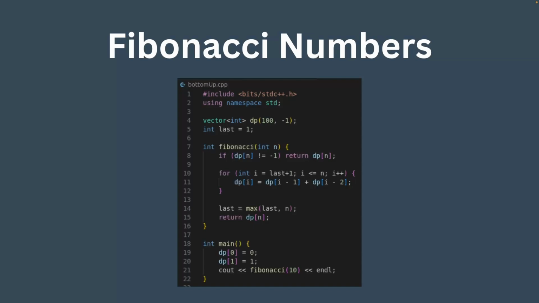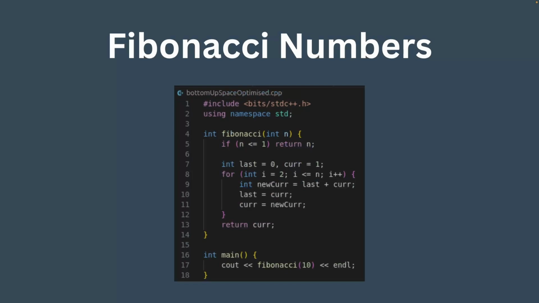Also, because I've got this global array, it could be used for multiple different calls to this function. But often in competitive programming, we're only calling the function once anyway, so it's only the first call that we care about. But there's just one distinction to note. We can save memory if we're only calling that function once by getting rid of that array altogether, and instead just storing the last 2 numbers.